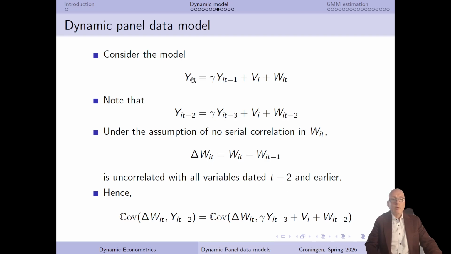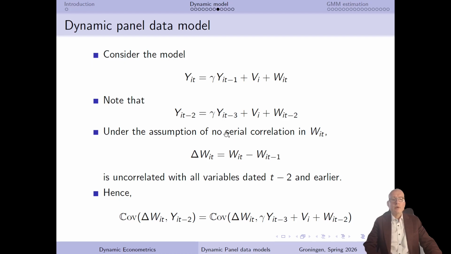We already know that our model is y_{it} = gamma y_{i,t-1} + v_i + w_{it}. If this is the correct model, then we also know that y_{i,t-2}, our instrument, is equal to gamma y_{i,t-3} + v_i + w_{i,t-2}.